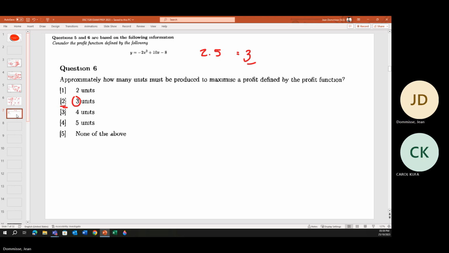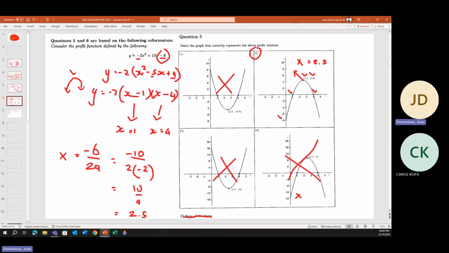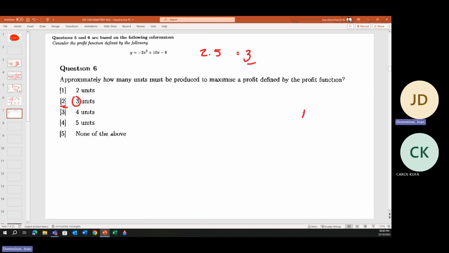Also important, remember the x is the quantity, and p is the price. So if I said approximately what price, then the price would have been around 4.5.